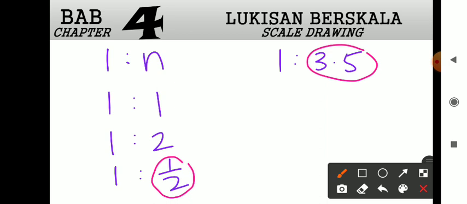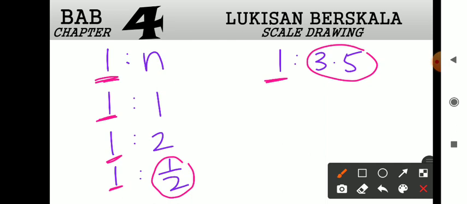Or it is okay. And be a little bit more observant. You can see the first number normally change it to 1. It is 1 to something, 1 to something, macam itu.